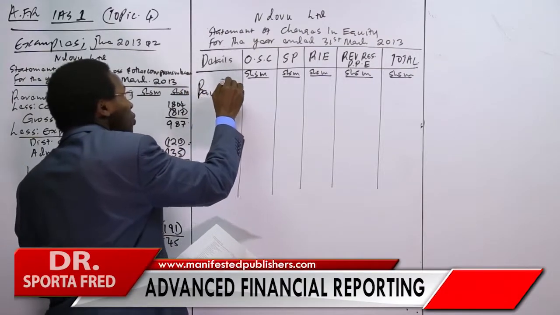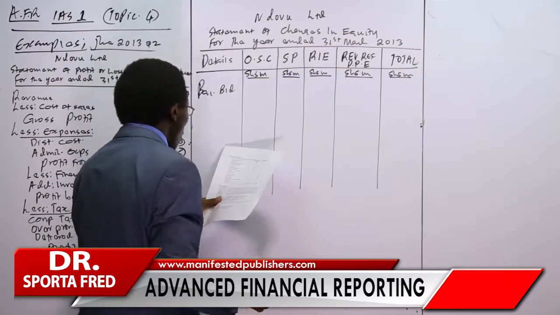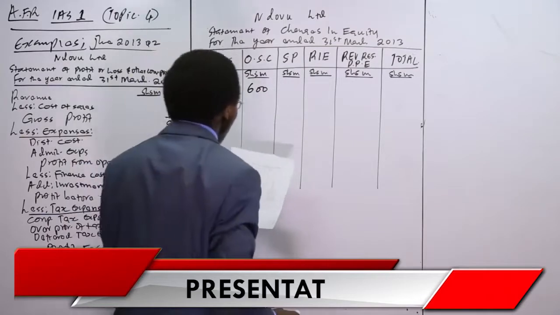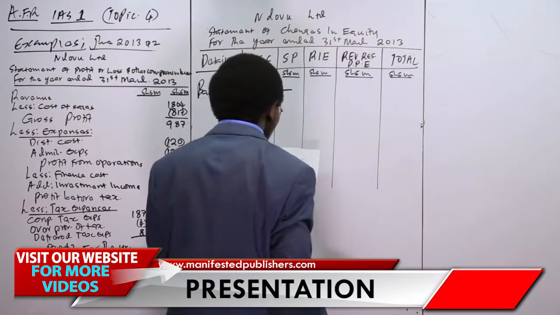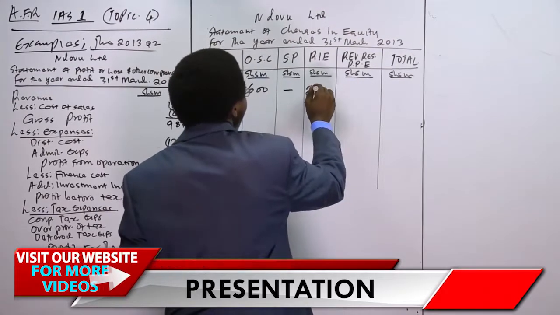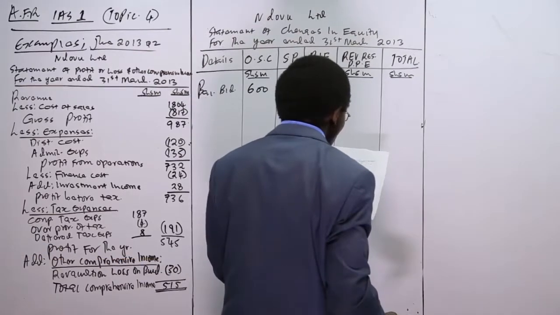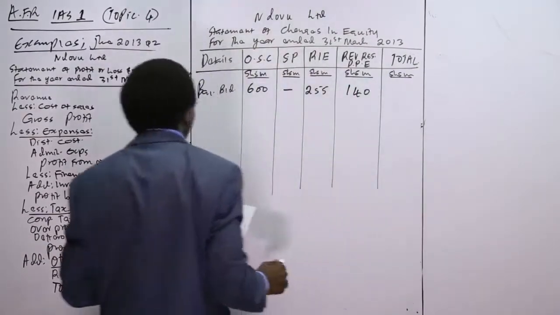The balances brought down of this ordinary share capital is 600. Share premium, we didn't have it. Retained earnings we have been given there is 255. Revaluation reserve for land and buildings is 140. So we'll get the total later.